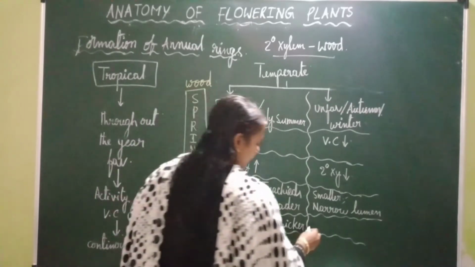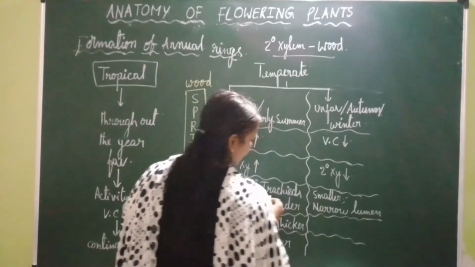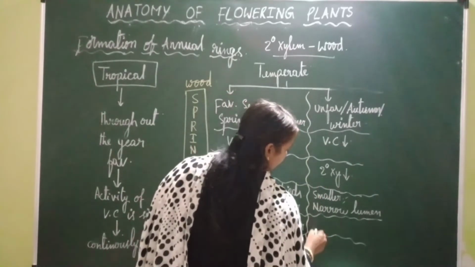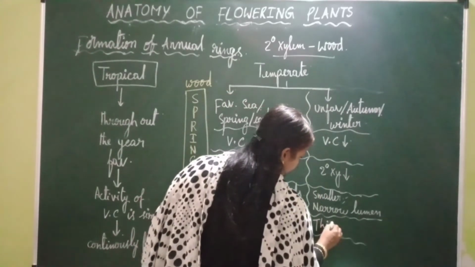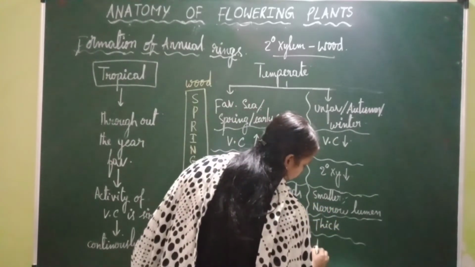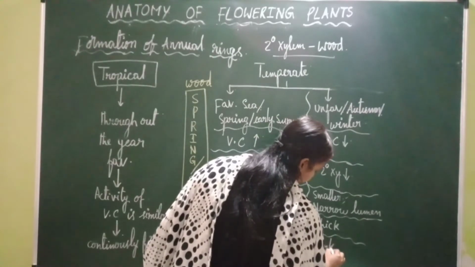And the cell walls of these tracheids and vessels formed during this season are thick, and hence the wood formed during this season appears darker.